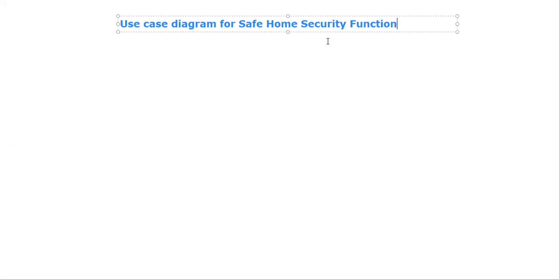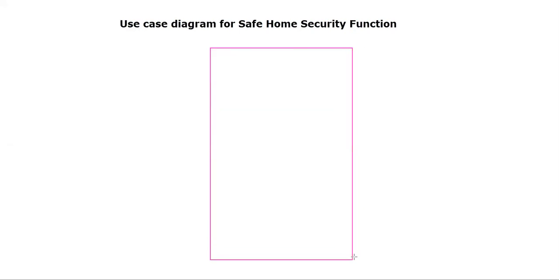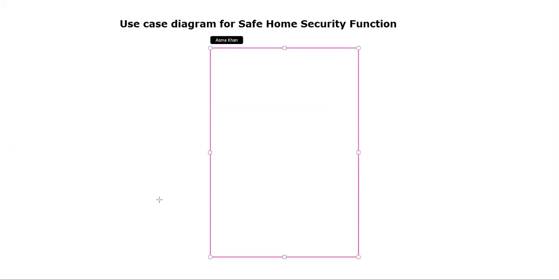Now we're drawing the use case diagram for the safe home security function. First we'll be adding the system boundary.